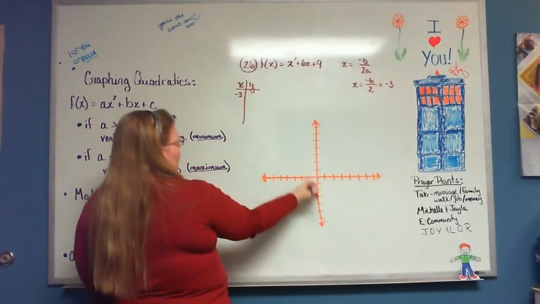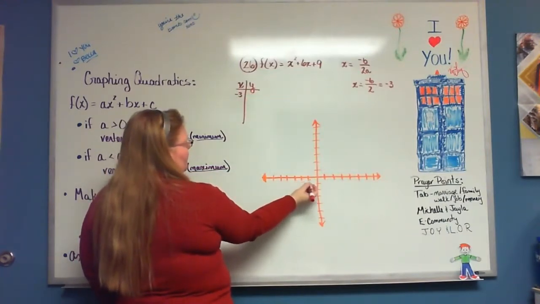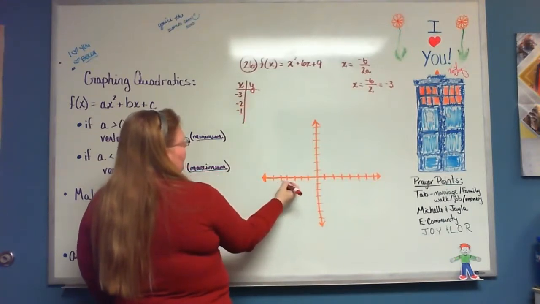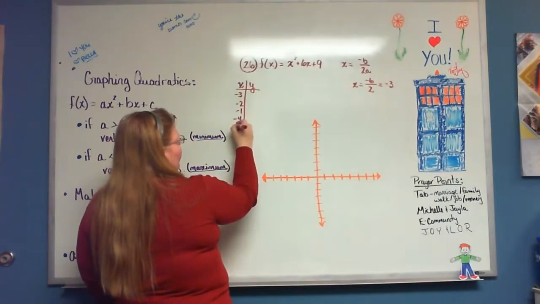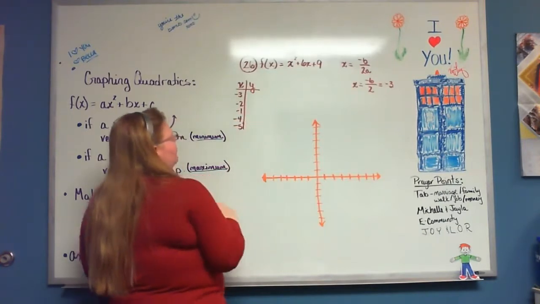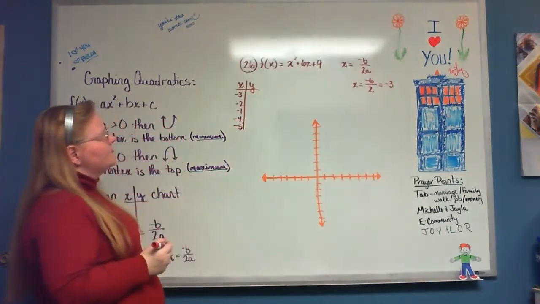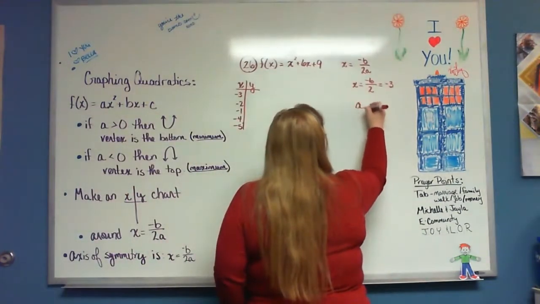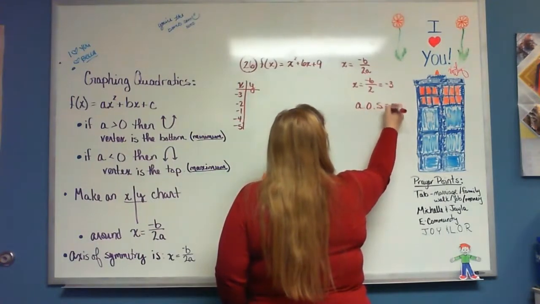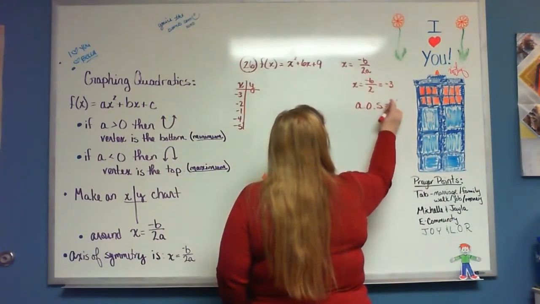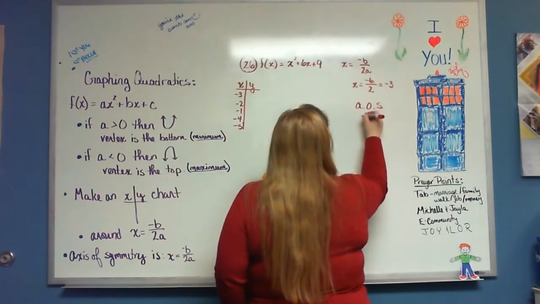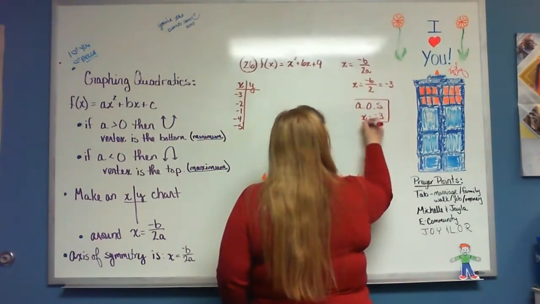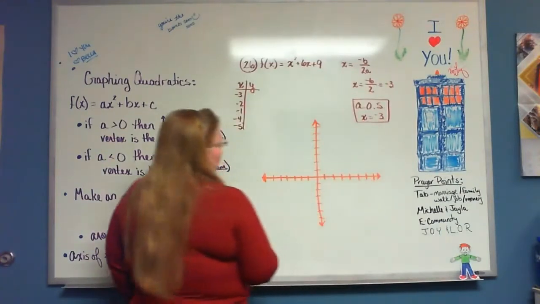Two to the right side would be negative 2 and negative 1. Two to the left side would be negative 4 and negative 5. And since we know this already, we know that our axis of symmetry has to be x equals negative 3, because that was one thing they asked us for.